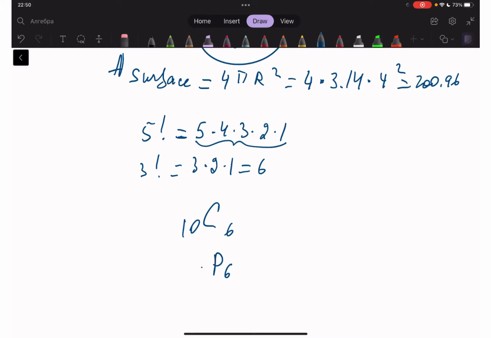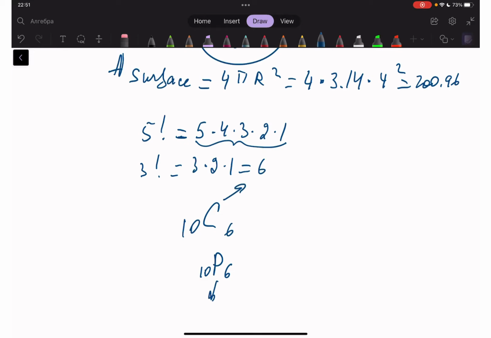I'll explain what it is, but because the formula is a little bit long, okay, I guess we can do it. Let's do it. So this one is combination, and this is permutation.